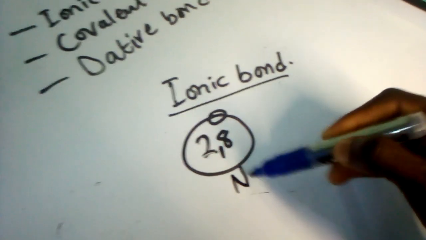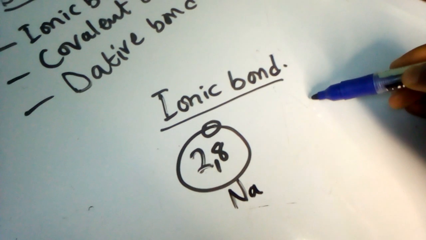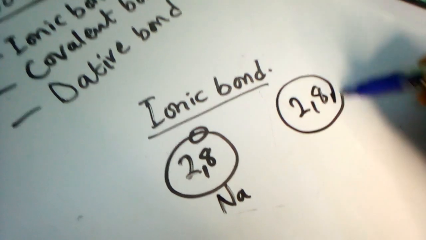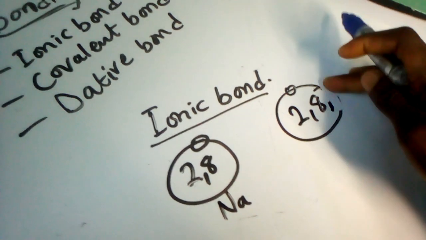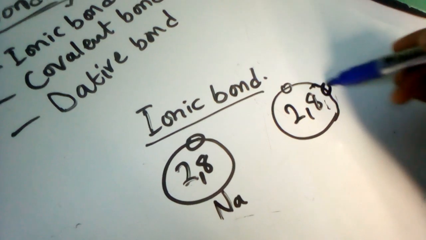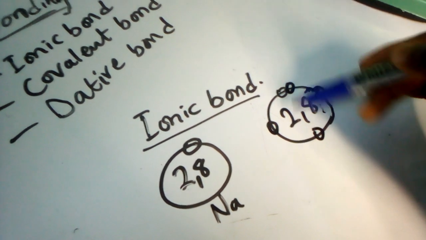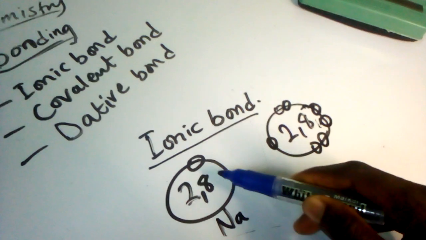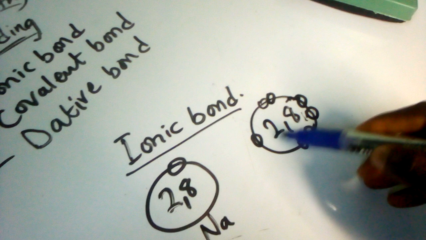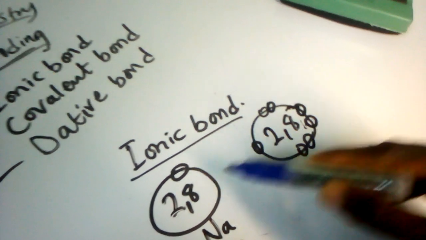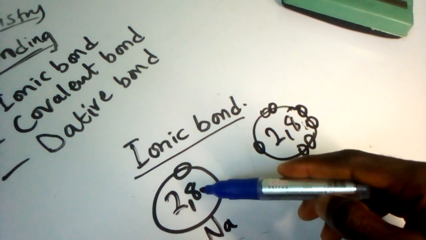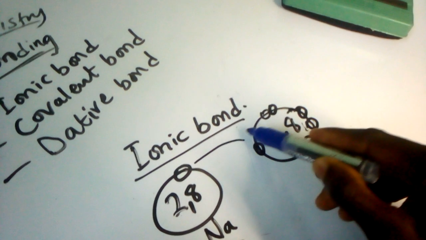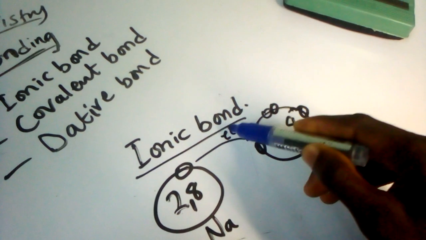So if this is sodium, Na, and we have chlorine to be 2, 8, and having 7 electrons in the outermost shell. Now this needs 7 more, while this needs 1 more, so this is Cl. Then this is so desperate, it could lose its electron down to chlorine.